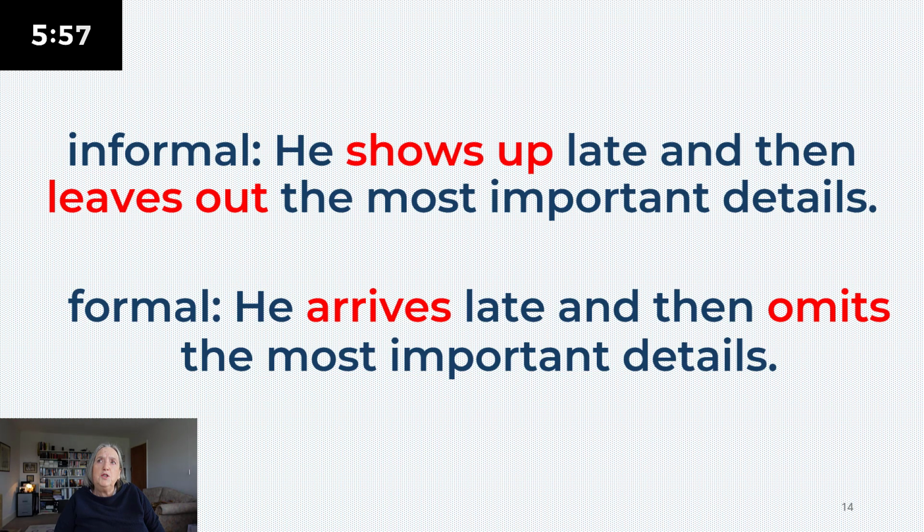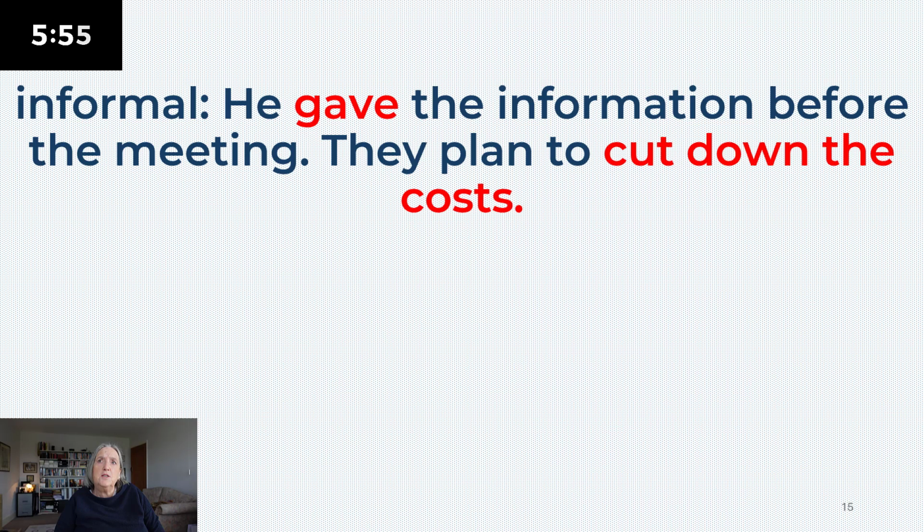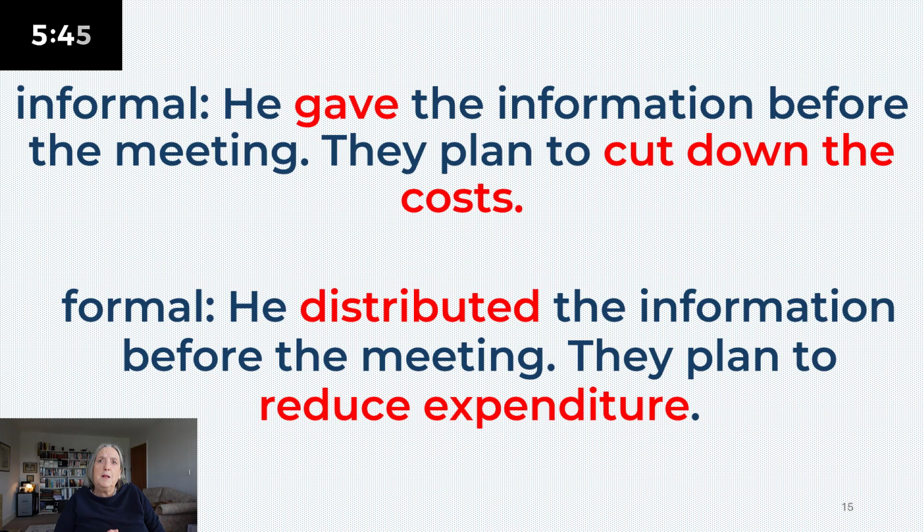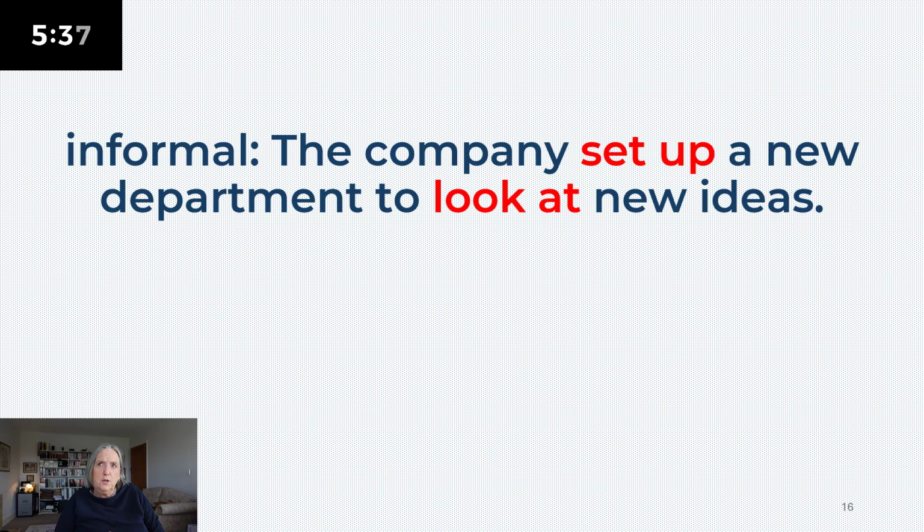He gave the information before the meeting. They plan to cut down the costs. He distributed the information before the meeting. They plan to reduce expenditure. The company set up a new department to look at new ideas.